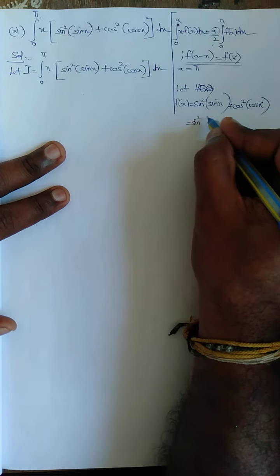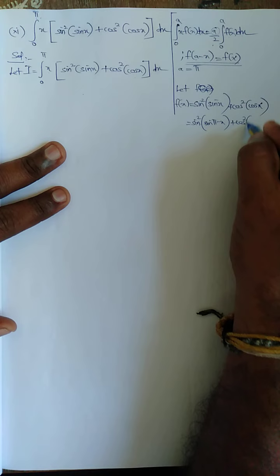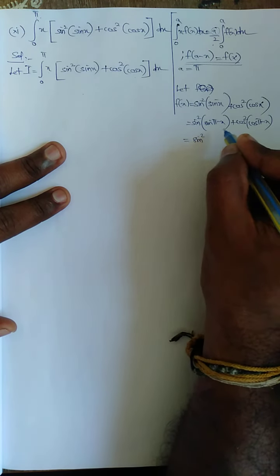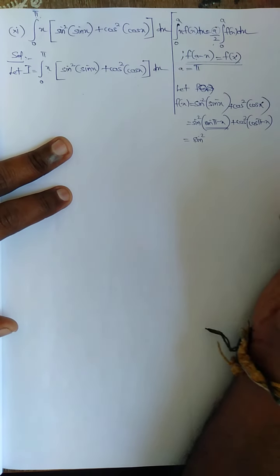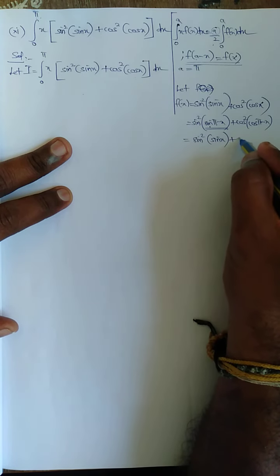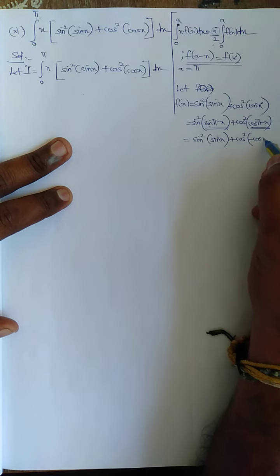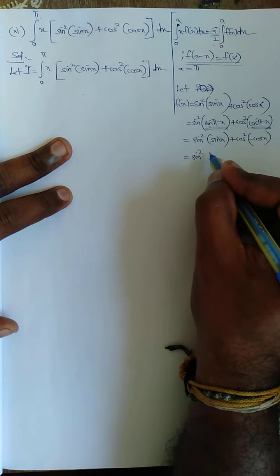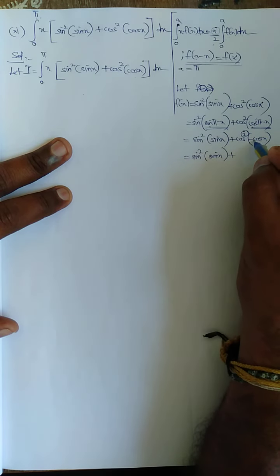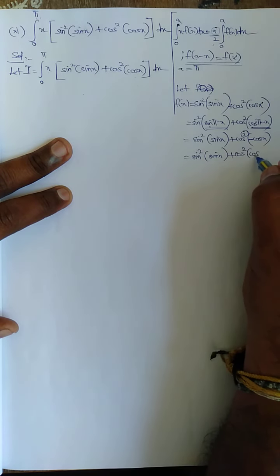Therefore, sine square of sine of pi minus x plus cos square of cos of pi minus x. Sine of 180 minus theta is once again sin x only, no problem, plus cos square, where cos of 180 minus theta is minus cos theta, so minus cos x. So sine square of sin x plus, since a square is present, this minus will become plus, so cos square of cos x.